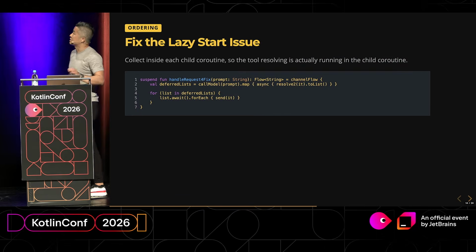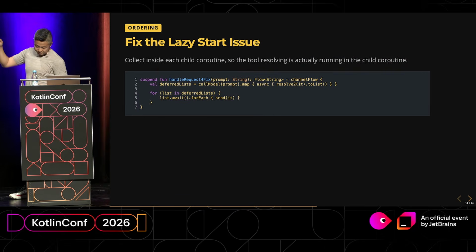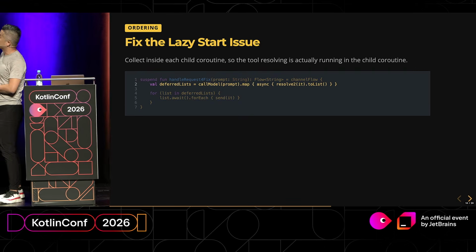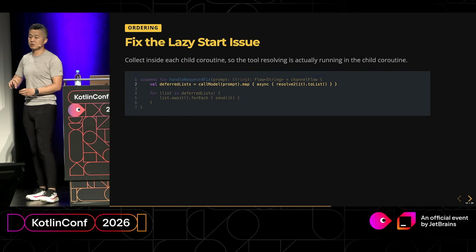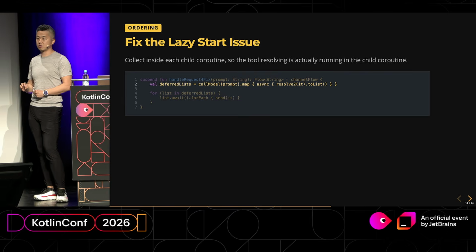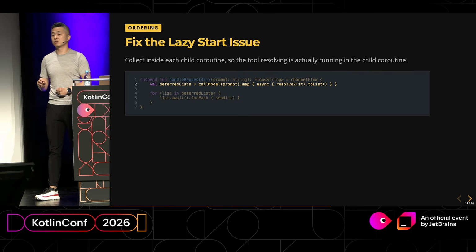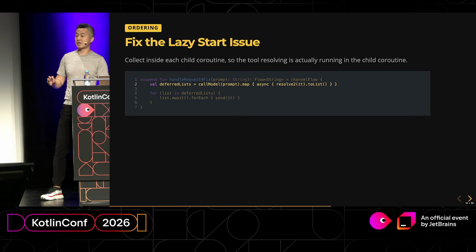So the fix is pretty simple. See, in this line, within the subcoroutine, we have to collect the flow. toList is a terminal operator for flow. Whenever you call a terminal operator, it collects the flow.